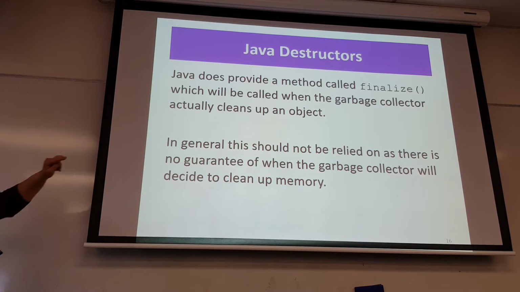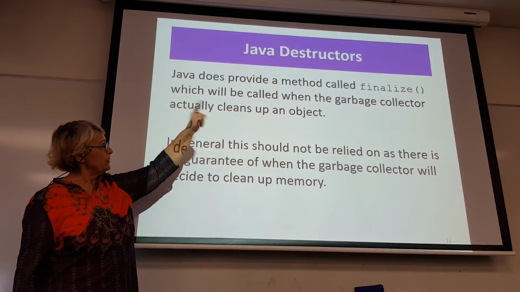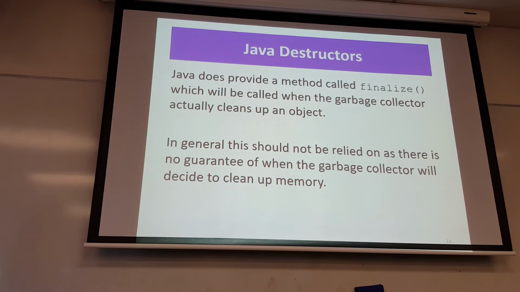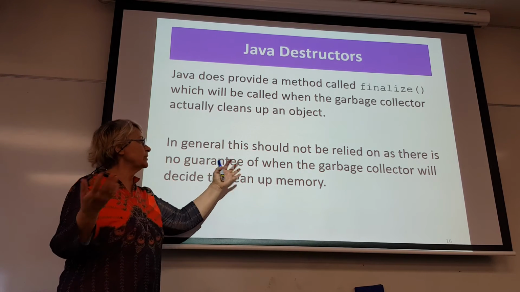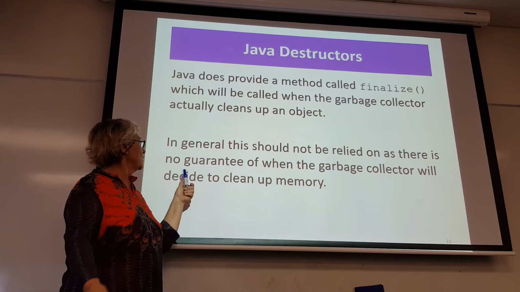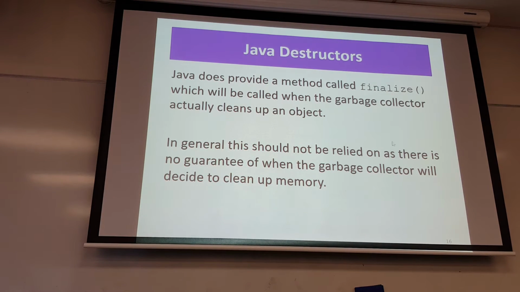But there is no guarantee that the garbage collection will call that one. It might, if it is there and considers that it is necessary or requires some cleaning up, then it might invoke the finalize.